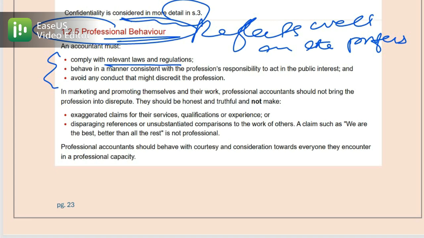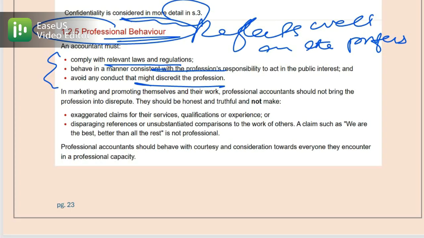Second, behave in a manner consistent with the professional responsibility to act in the public interest. And the third one, avoid any conduct that might discredit the profession. Clear? So you have to clear your mind on this: comply with relevant laws and regulations, act in the public interest, and avoid any conduct that might discredit the profession.